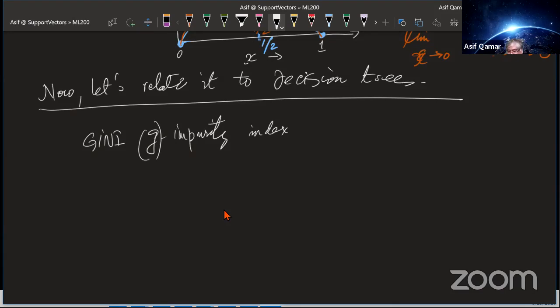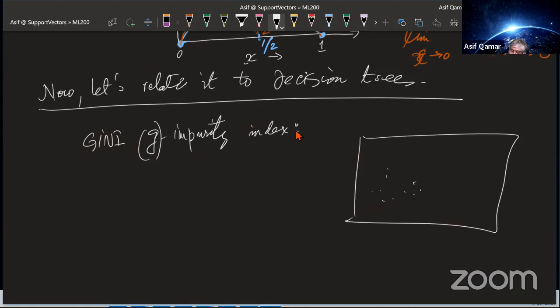Our Gini impurity index is defined as that, for each class. Suppose you have a region. In the region, there are certain points, certain house points, and then there are certain green points.